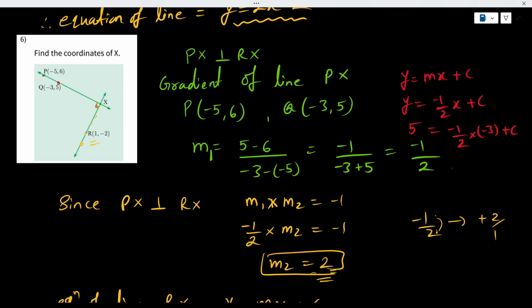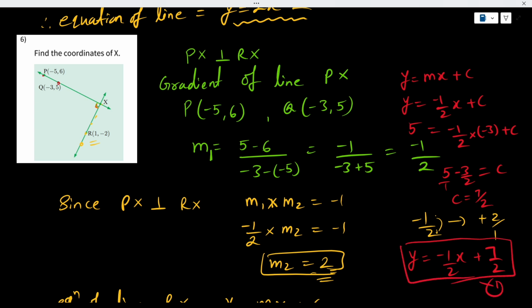So that is going to be 5 minus 3/2 equals c, because -3 times -1/2 becomes positive. So c is going to be 5 times 2 is 10, minus 3, which is 7/2. So the other equation is y equals -1/2 x plus 7/2. This is your equation of line 1.